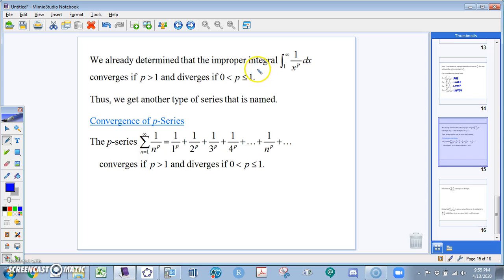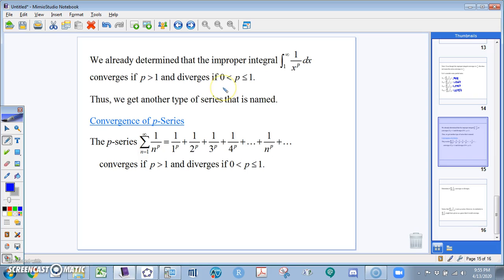Speaking of one particular improper integral, though, we looked at graphs of 1 divided by x to a power, such as 1 divided by x squared, 1 divided by x, 1 divided by x to the 1/2, meaning the square root of x, and we found out that that improper integral converges if p is bigger than 1, and it diverges if p is less than or equal to 1.